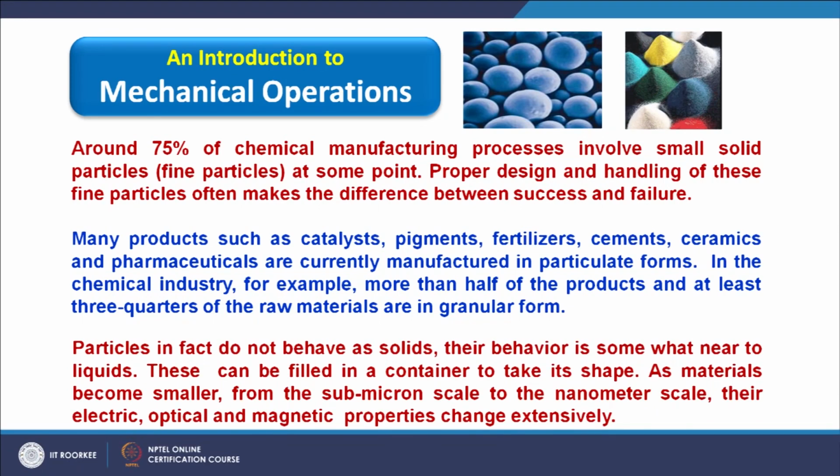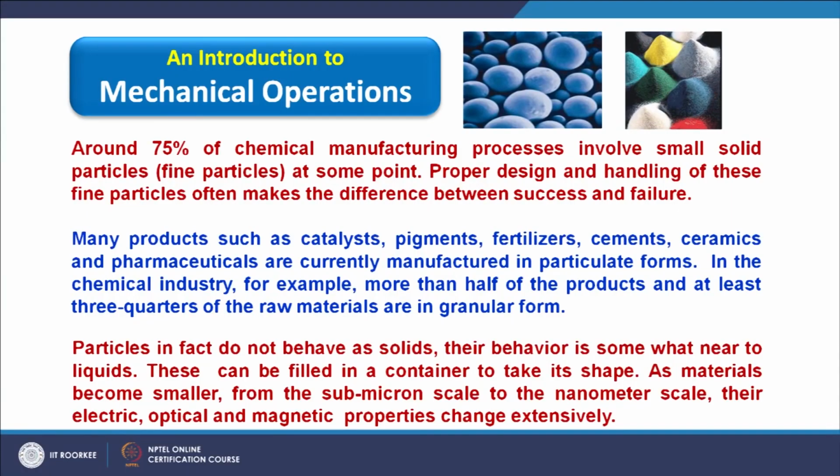If I consider a solid lump and place that solid lump over here, it will not change its shape. However, if I put a number of particles in one glass and tilt the glass, the particles will change their position. So, its behavior is near to liquid, not as a solid.